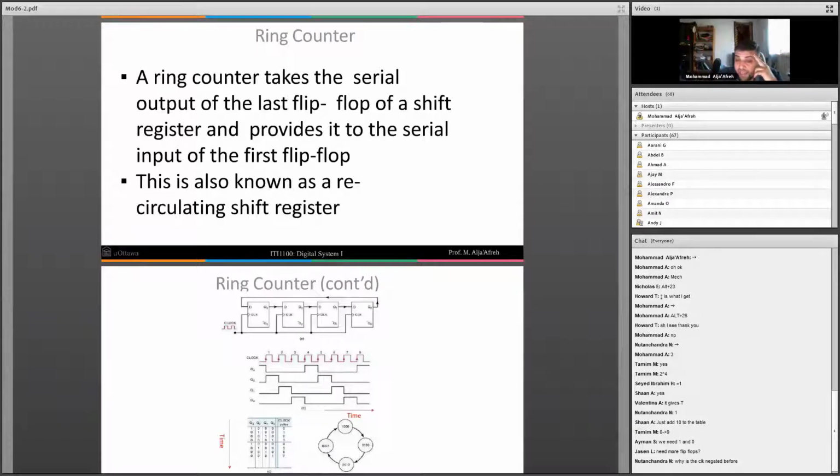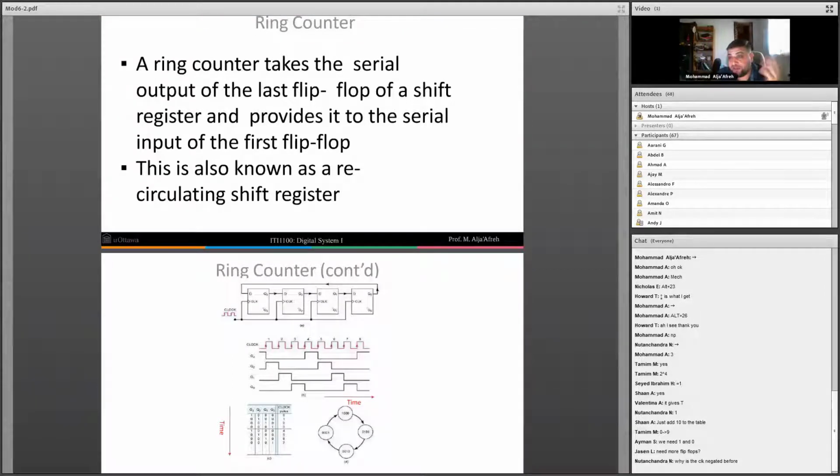So what will happen is the 1 will keep going, but at each trigger, and this is a positive edge triggering, this 1 will keep traveling from this flip-flop to this flip-flop to this flip-flop and back. This ring counter will be able to give you just one output high at a single time.